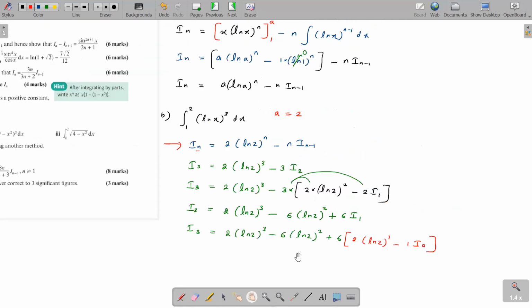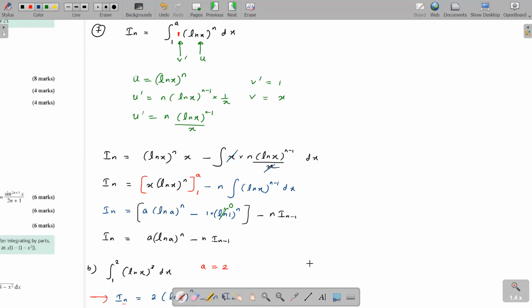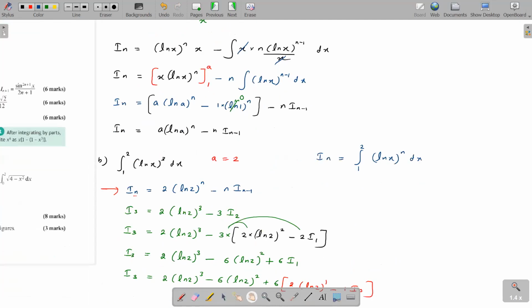Get the I_0 value. Who is I_0? Our I_n was the integration from 1 to 2 of (ln x)^n. So I_0 will be the integral of (ln x) to the power 0, which gives you 1.